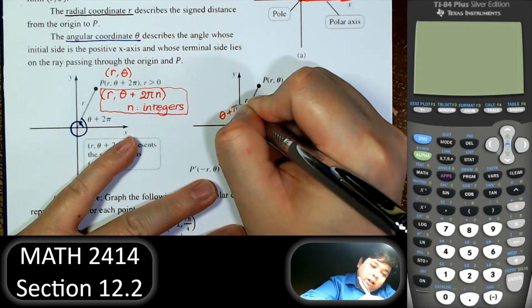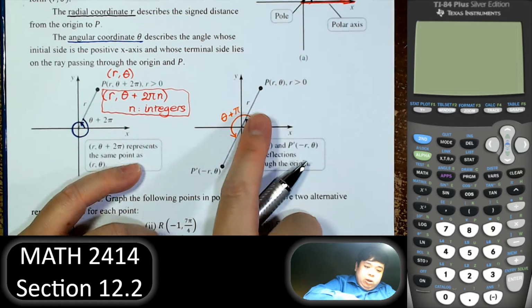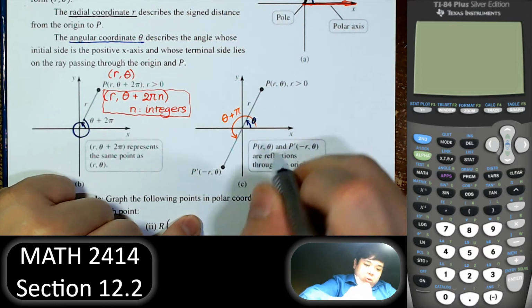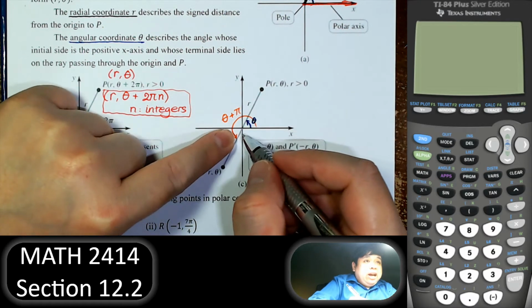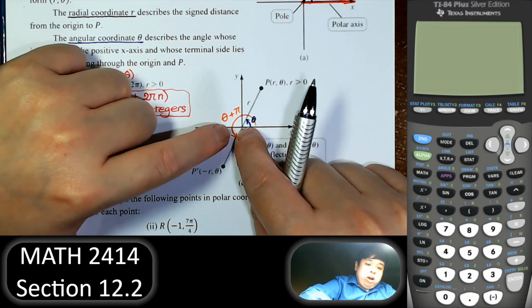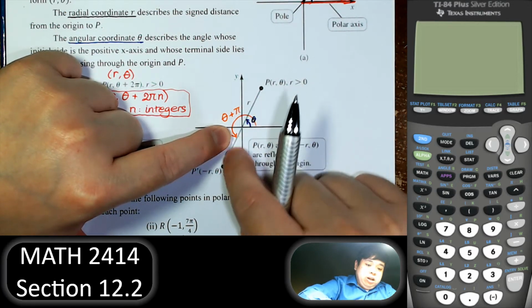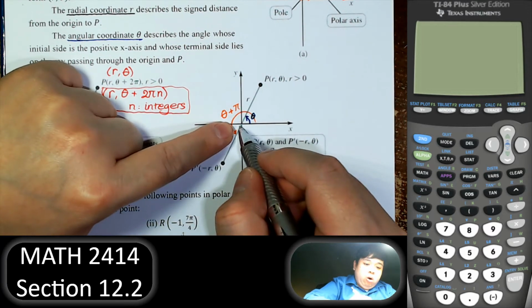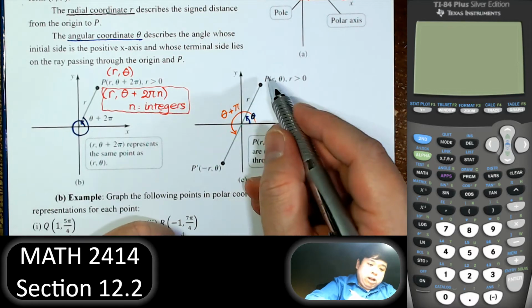So if we add a pi to it, we go an extra half revolution, and we have this ray. Now, if we use positive r, we will go in the same direction as wherever the angle stops, so it will be in this direction. But if we use the opposite r, we will go in the opposite direction and go back to that point.